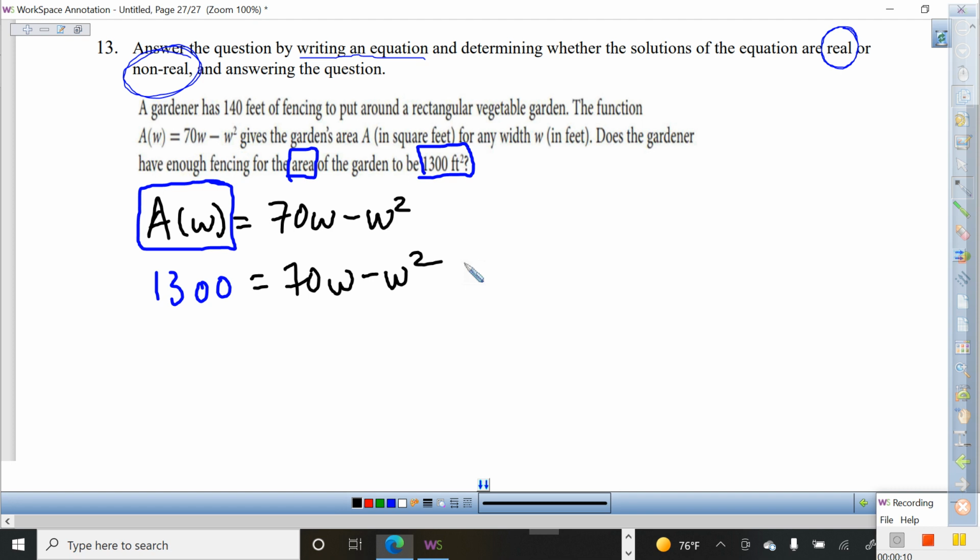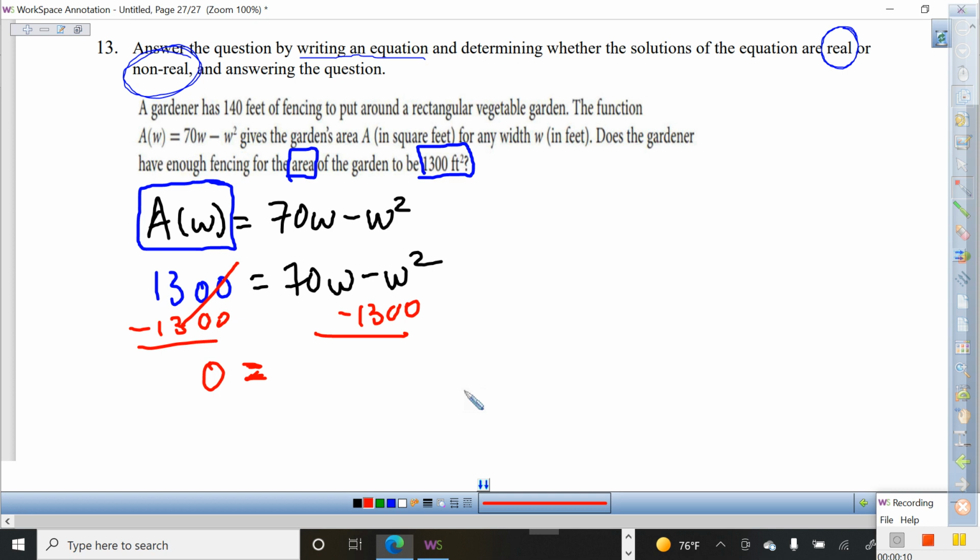So, second thing. In order to solve a quadratic equation, it needs to be equal to what? 0. That is correct. So what do we do? Subtract 1,300 to each side. Subtract 1,300 to each side. Now look up really quick. This is 0, yes. But on this side, I want you to write it in standard form as you're rewriting it.